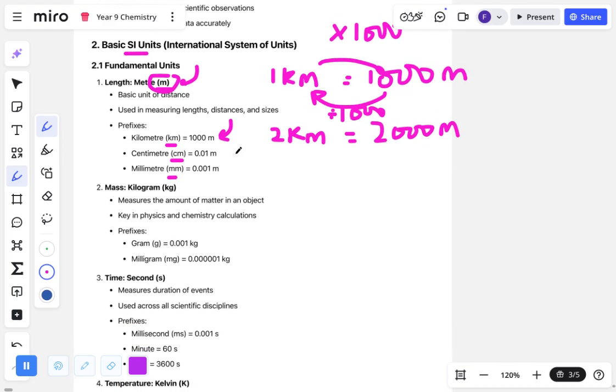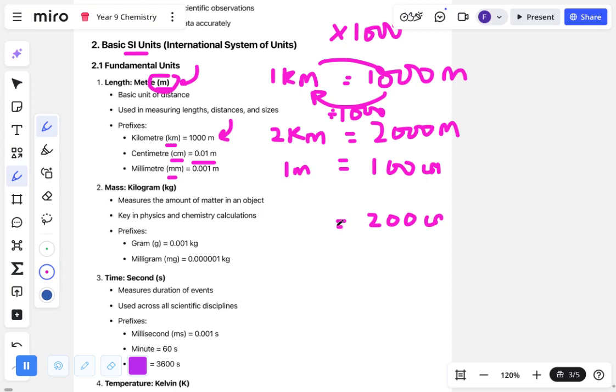We also know that a centimeter is 0.01 meters, but that's not how we normally talk about it. So you've got to put it into your own idea. Let's put it this way around. In 1 meter, there are 100 centimeters. And then we can think about it: how many meters is 200 centimeters?